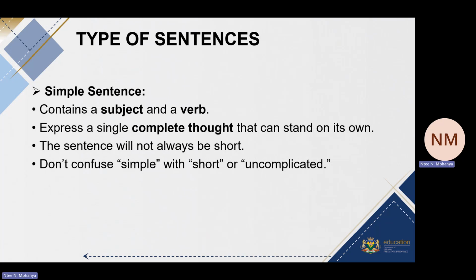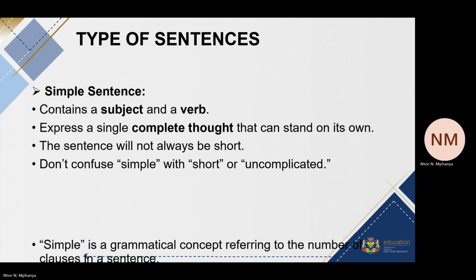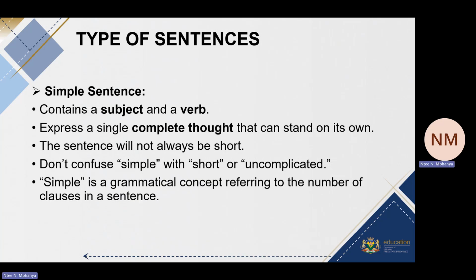Look at this previous sentence. The sentence will not always be short. So we cannot take it for granted that the word simple means that the sentence will be short or uncomplicated. In this case, simple is a grammatical concept referring to the number of clauses in a sentence.